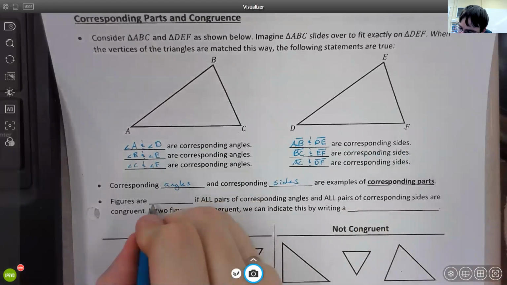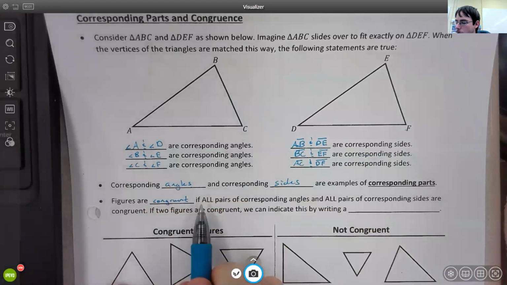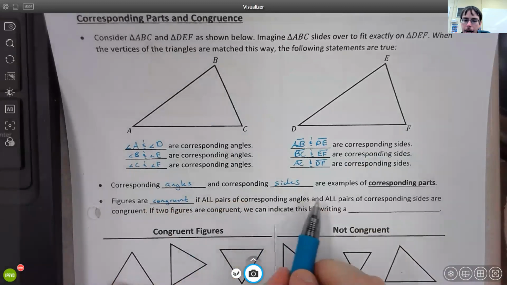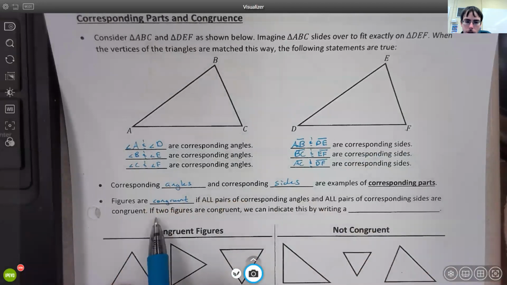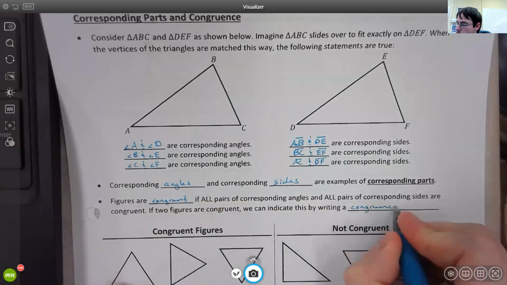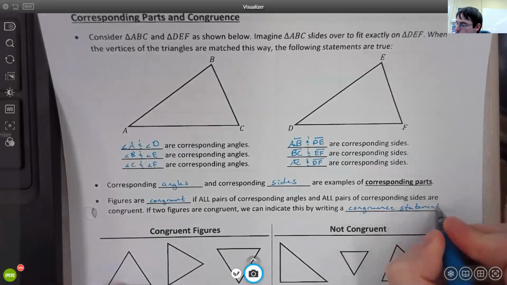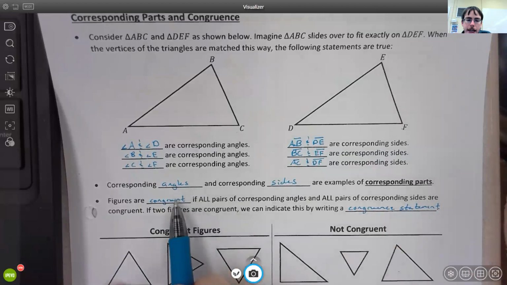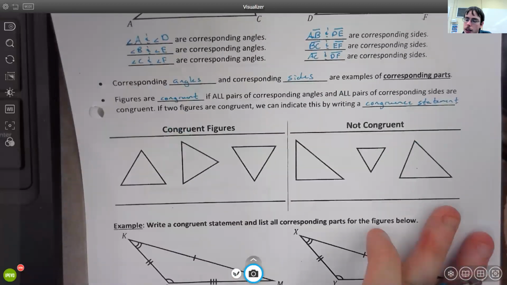Figures are congruent if all pairs of corresponding angles and all pairs of corresponding sides are congruent. If 2 figures are congruent, we can indicate this by writing a congruent statement. So in other words, the matching parts, the corresponding parts, have to be exactly the same for the figures to be congruent.